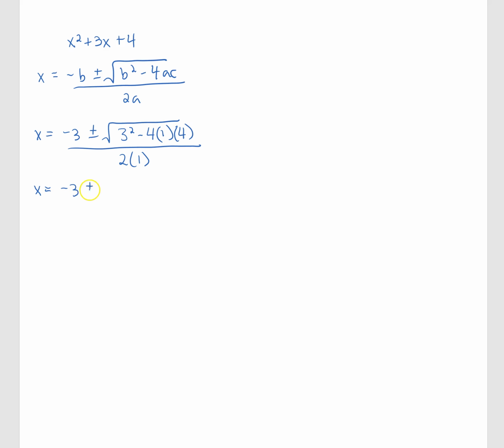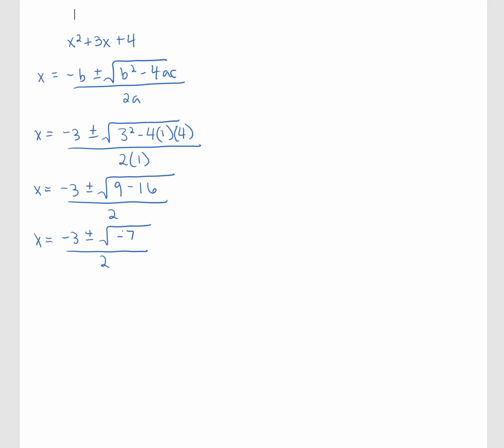So evaluating this out, we get 3 squared, which is 9, minus 4 times 1 times 4, which is 16, over 2. And so we can see that we have a problem here because 9 minus 16 ends up being negative 7. So what we have is a square root of a negative number, and that doesn't give us a real answer, but we can come up with an answer that has an imaginary number in it.